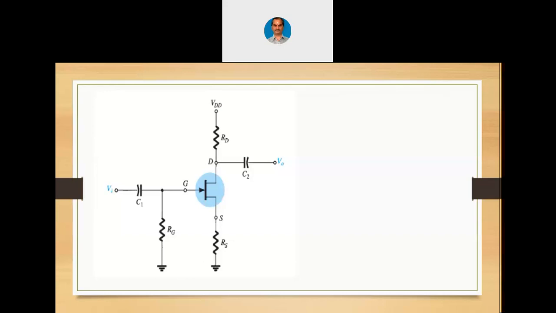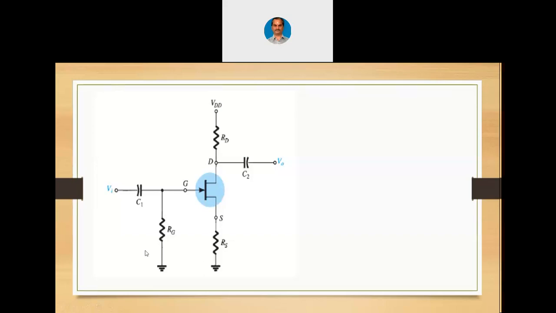You can see this particular circuitry. In this circuitry, there is no gate to source voltage at all. That means there is no gate bias at all. Now you may wonder, when there is no gate bias, how this circuit will work. The circuit will work because across RG, there is a resistor here from the gate to the ground. Across RG, there will be a negative gate voltage.